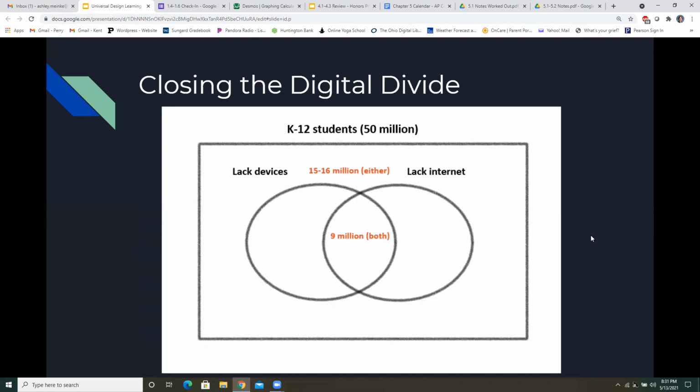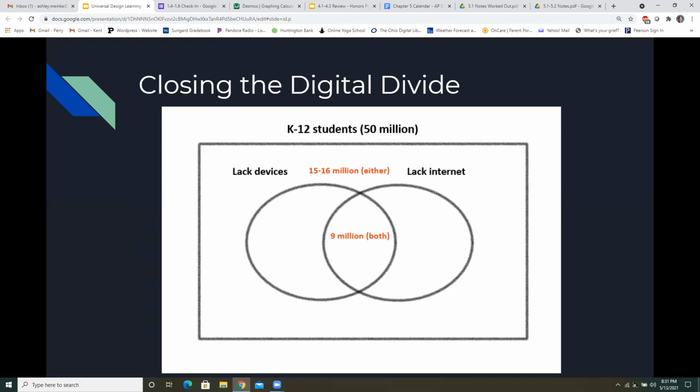of all three presences. One of the interesting facts that I came across was that of the 50 odd million K through 12 students, there's about 15 to 16 million who, at this particular juncture in time, after a year of COVID and remote learning, lack devices or lack internet access.